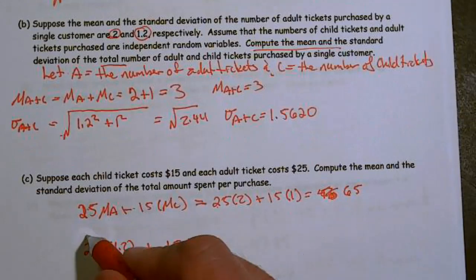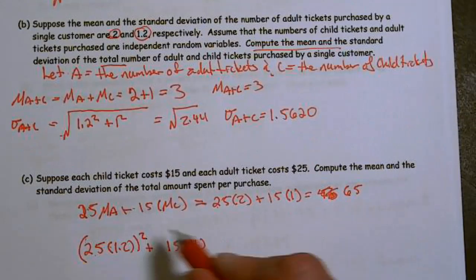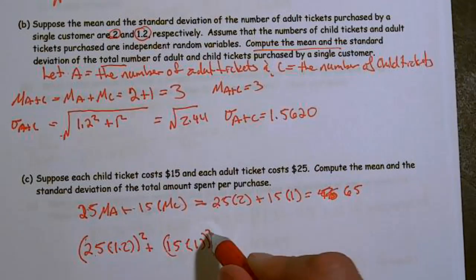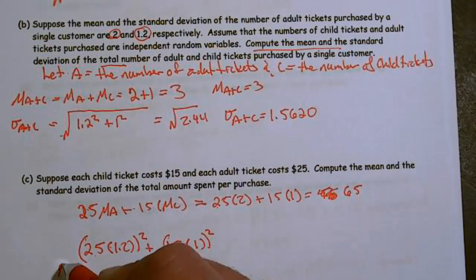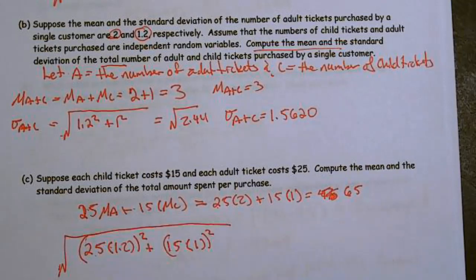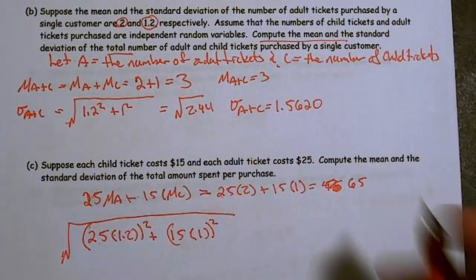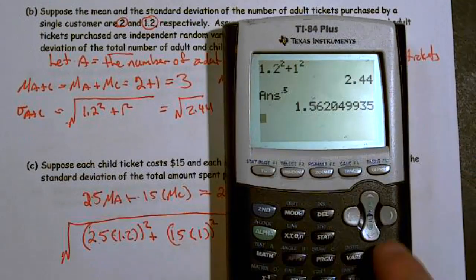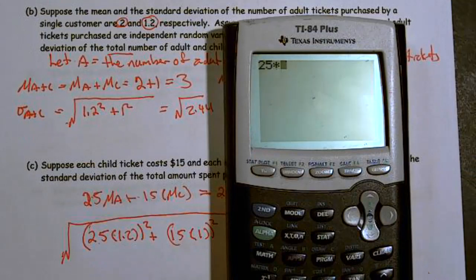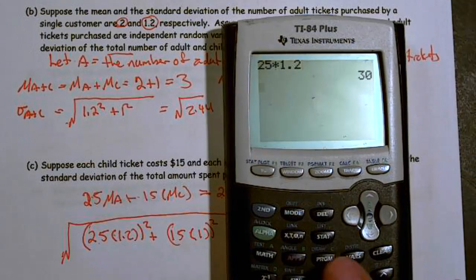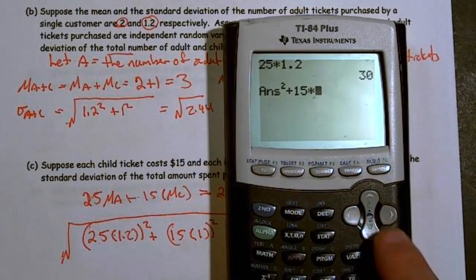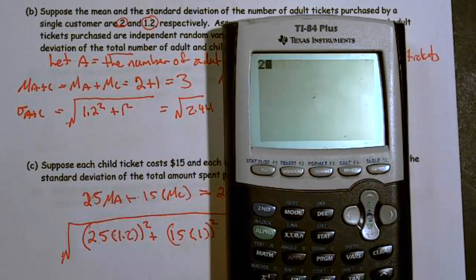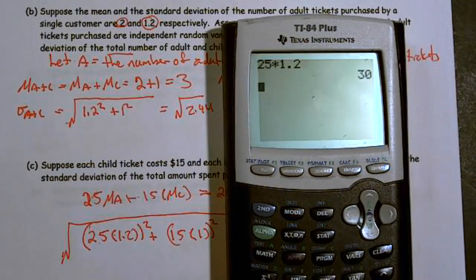But the bad news is we have to square them in order to do this, so this has to be under the radical. 25 times 1.2 is 30.